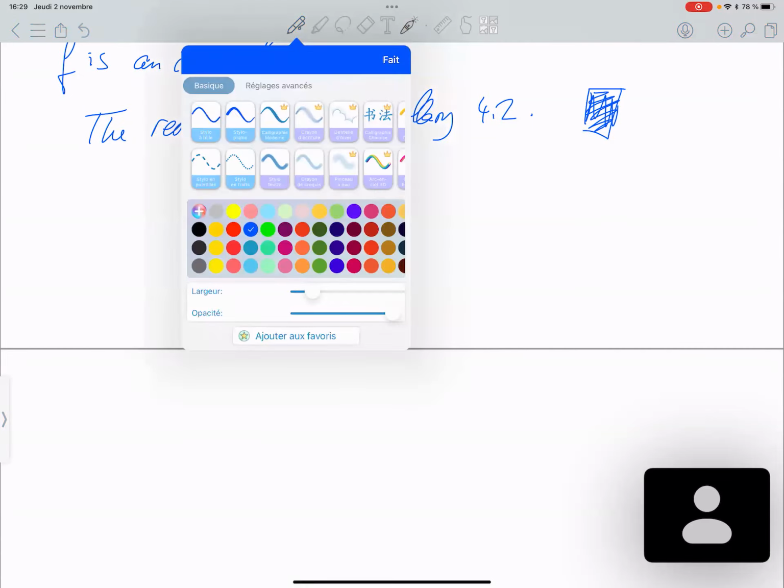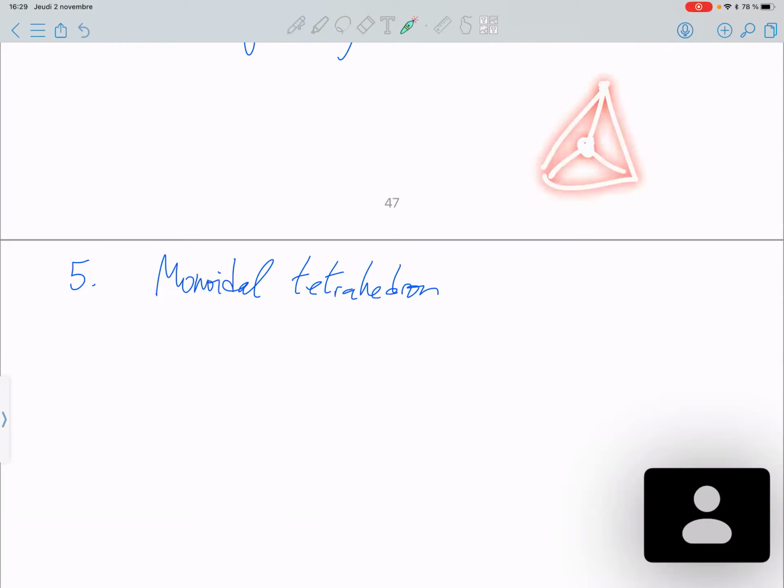But first, section 5 is the definition of monoidal tetrahedron, and some basic results involving symmetries. Because the tetrahedron is a very symmetrical graph. You have a lot of symmetry, even if you write it in 3 dimensions, and even more in 2 dimensions.